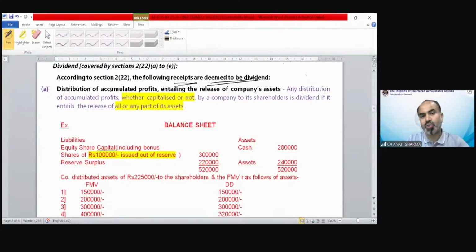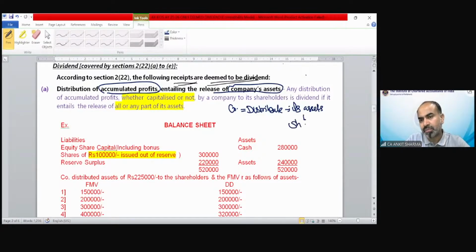So distribution of accumulated profits entailing the release of company's assets. So very simple point. It says if a company distributes its asset to its shareholder, it is going to be treated as your deemed dividend.